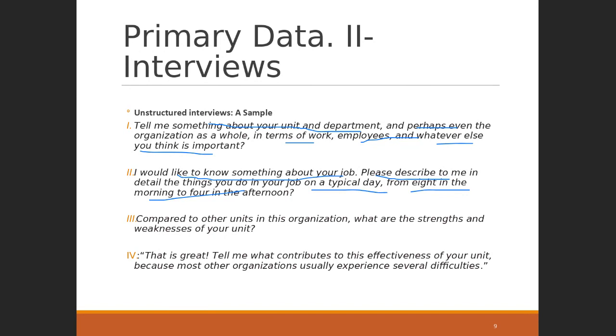For instance, you can ask, compared to other units in this organization, what are the strengths and weaknesses of your unit? Now this is a very categorical question, and your respondent might need to give you an absolute answer. But just imagine that your respondent is giving you a very diplomatic answer and telling you that everything is fine, everything is good in my unit and overall in this organization.